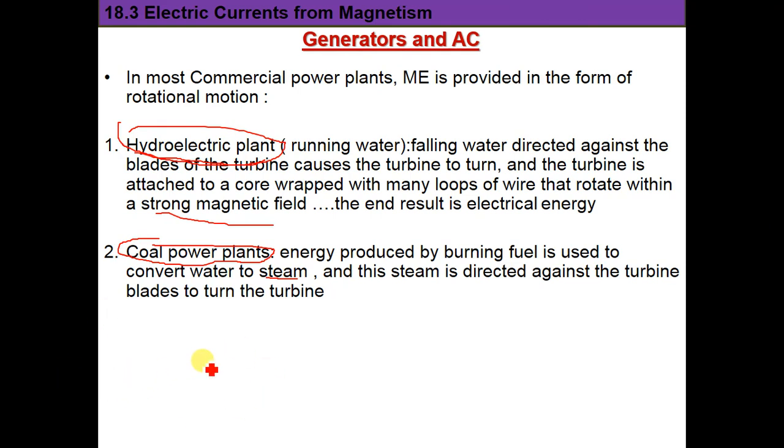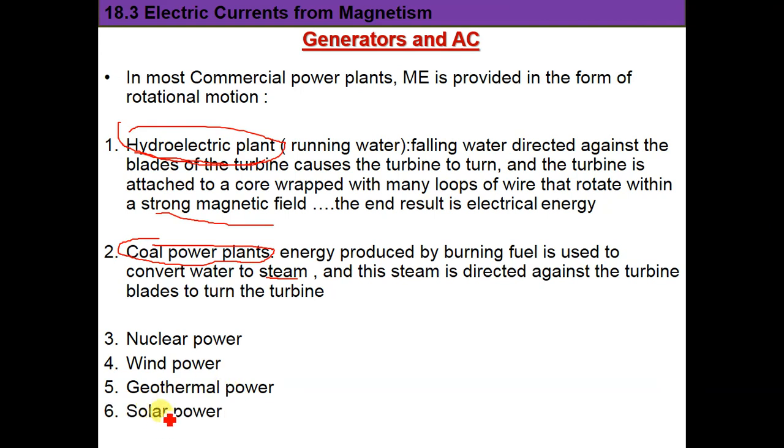Where is the loop? The loop is placed inside the magnet. So the magnetic field changes, and the result is electrical energy. Third one, nuclear power. Fourth, wind power by using the energy of the wind, geothermal power also, and solar power by using the energy of the sun.